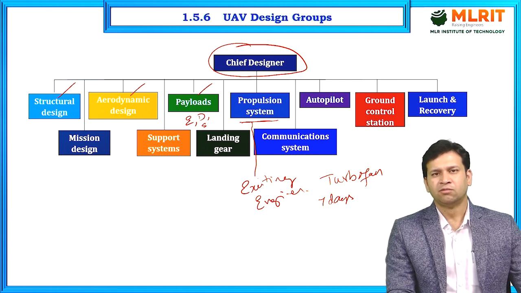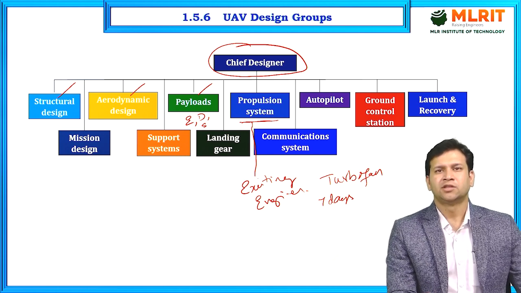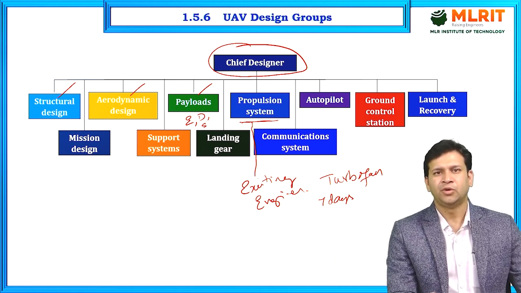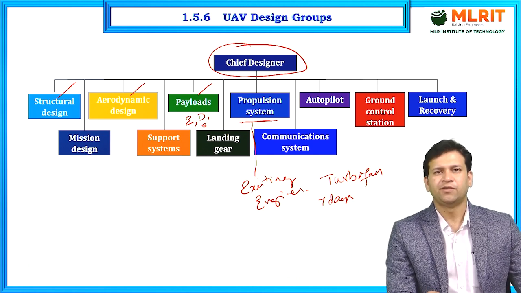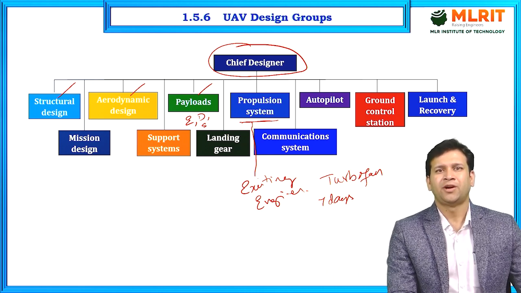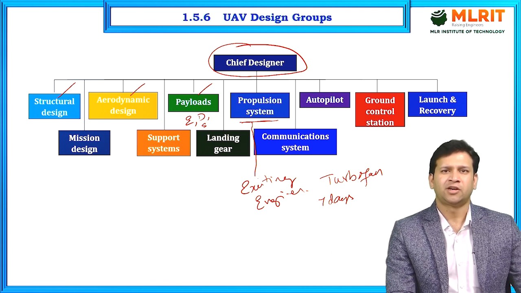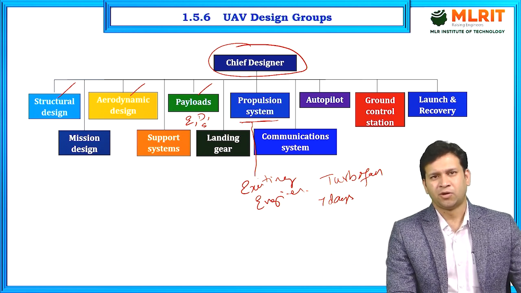No engine will be designed separately for this UAV. UAVs will be designed based on the engine's availability. The UAV design will be built around the engines which are available. No engines will be separately designed for it, whether it is electric propulsion or jet propulsion.